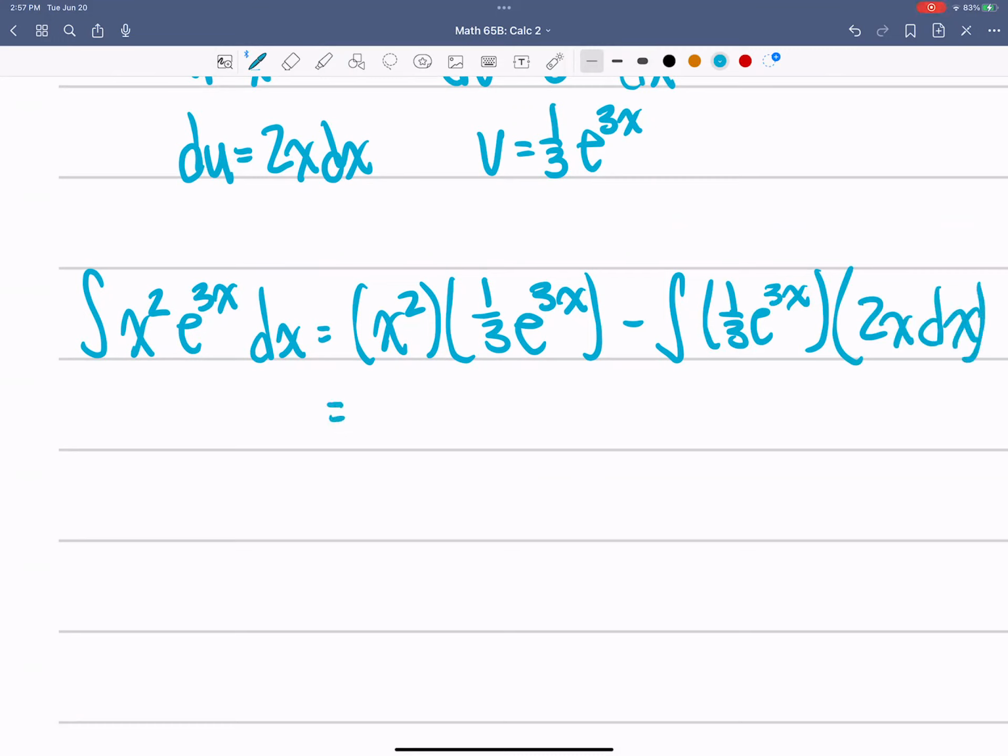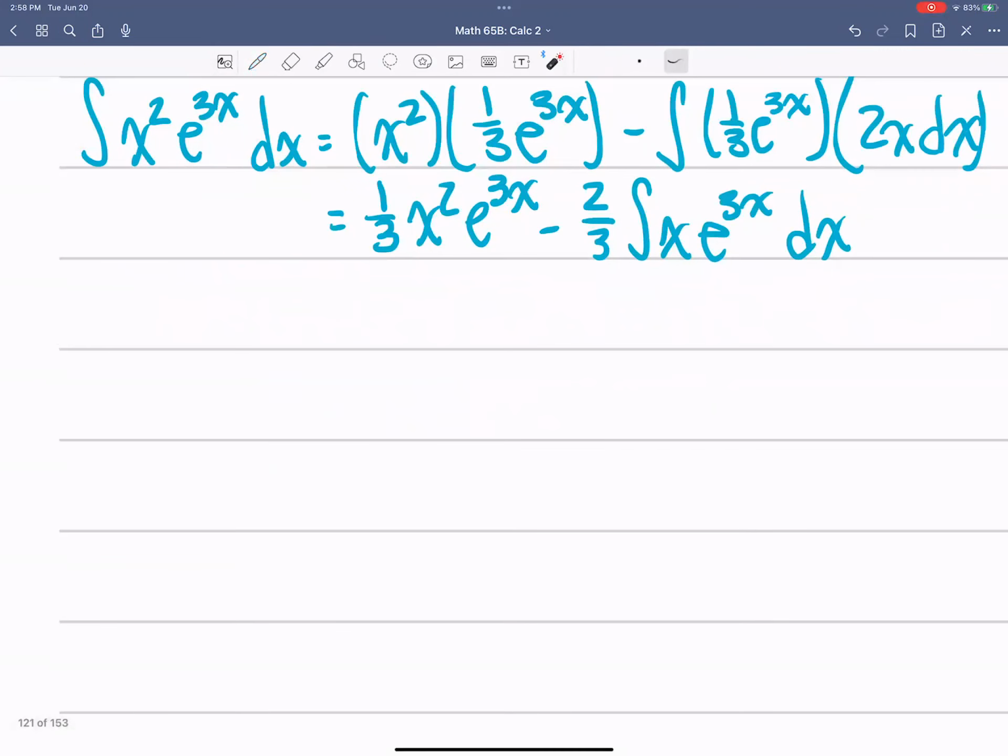Let's clean this up: 1 over 3 x squared e to the 3x minus, we could pull the 2/3 out to the front, and we have the integral of x e to the 3x dx.